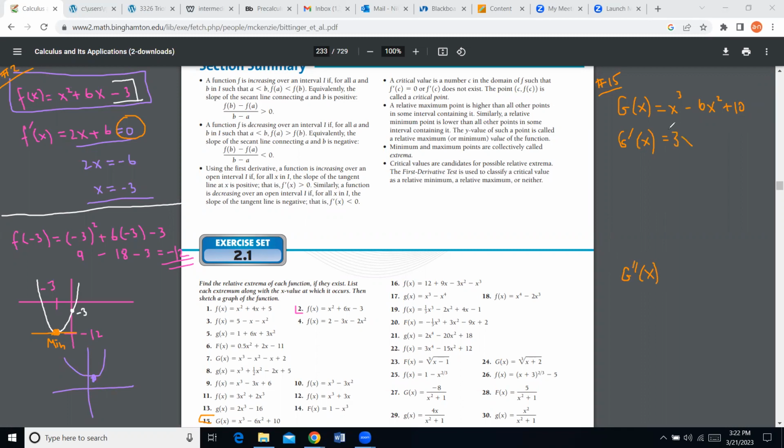So the first derivative is 3x to the second, and then 6 times 2, which is 12, right? So it'll be minus 12x. And when I differentiate this again, I'm going to get 3 times 2 is 6 with just the first power of x and minus 12, because the derivative of x is just 1.